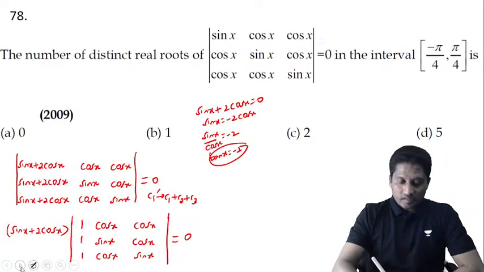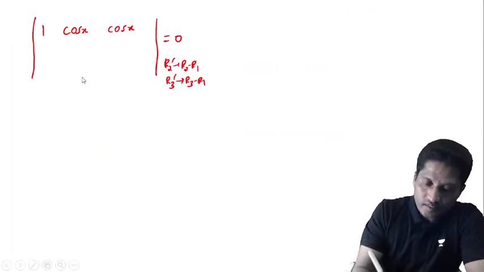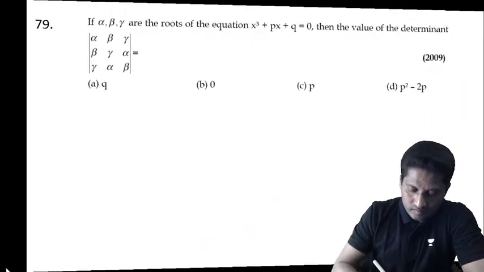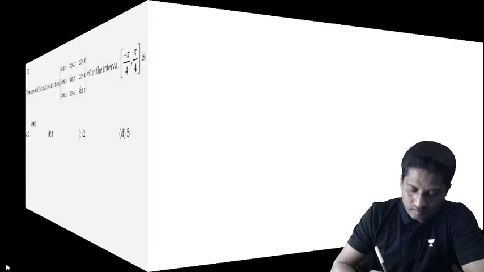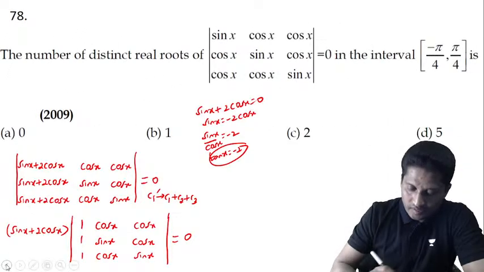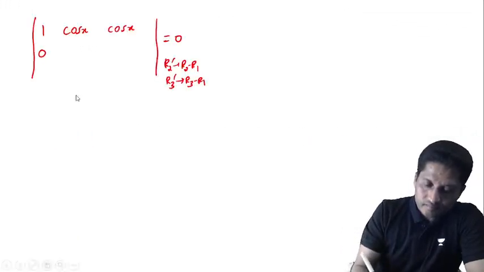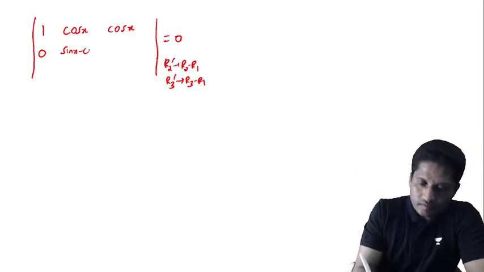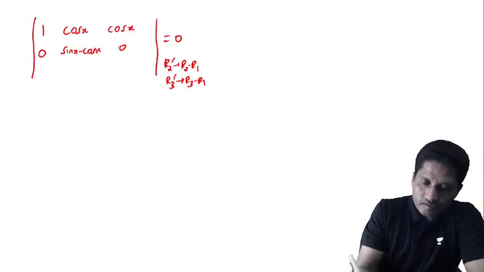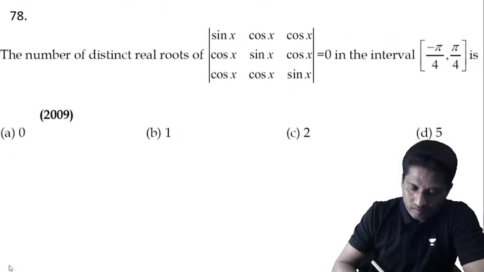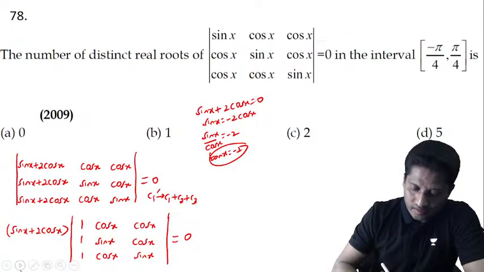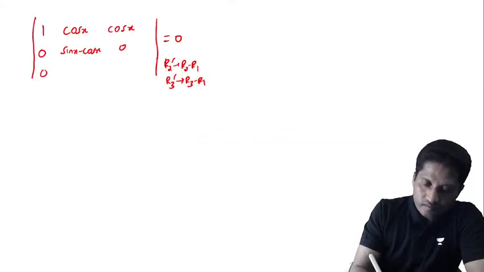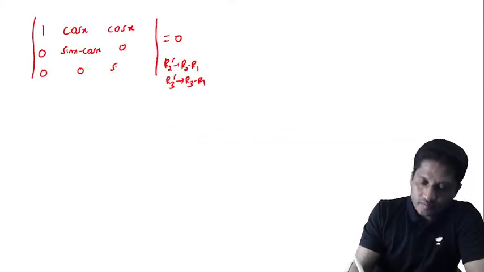R2 minus R1 is 0, sin x minus cos x, and sin minus cos is 0. R3 minus R1 will be equal to 0, 0, and then this is sin x minus cos x.